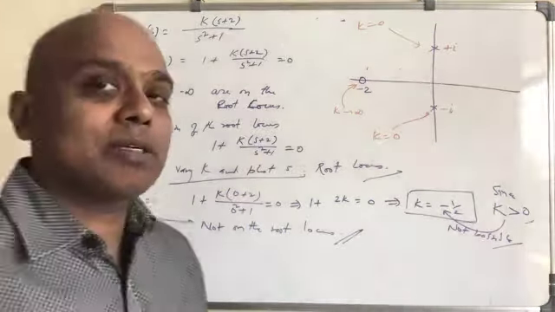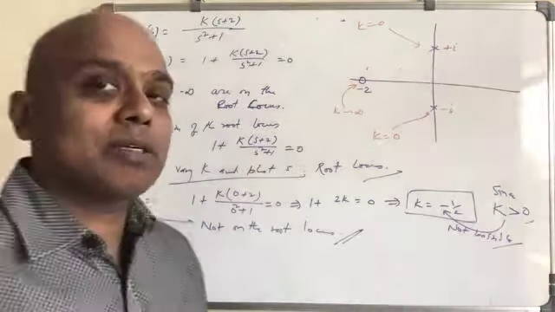So let us say we have s equal to minus 2 plus epsilon, where epsilon is positive. Then what do we get? We get minus 2 plus epsilon plus 2, so epsilon here. And then k is a negative number, hence not possible.